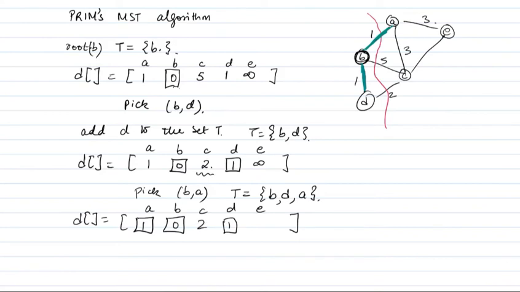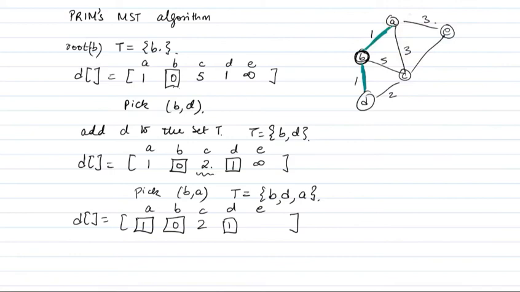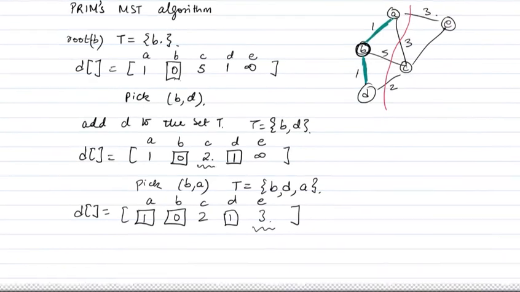That remains 2. Sorry, to update, let me just change my cut. So this is what my new cut is going to look like. So what changes? C remains the same. The shortest edge to C is 2, right? E becomes 3. So that's the new change that has developed.